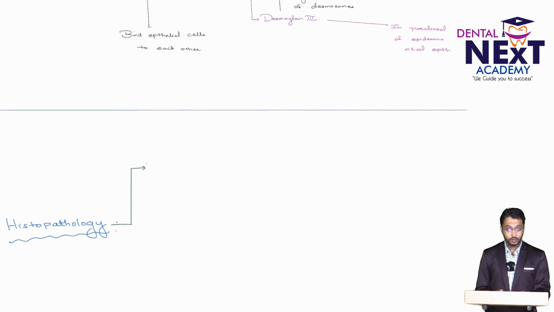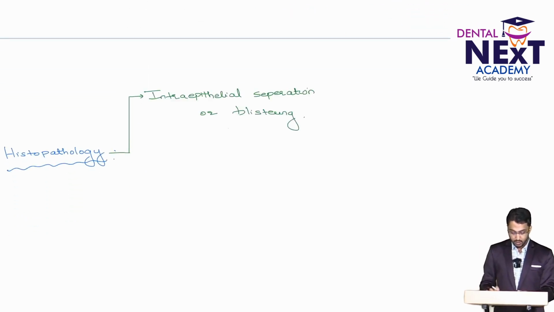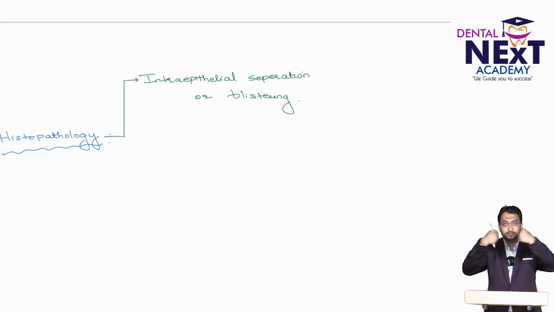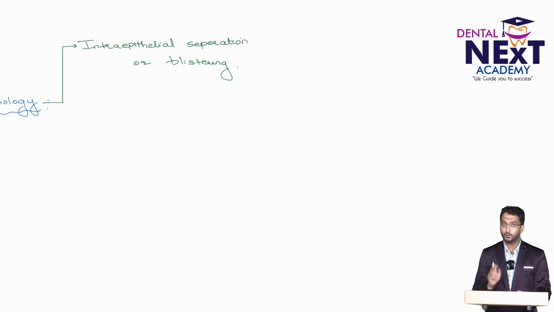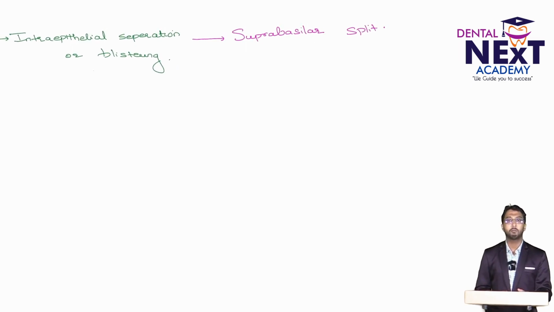Now we come to the histopathology. You take the tissue, you send it for direct immunofluorescence, plus you send it for histopathology. Now you see intraepithelial separation between the epithelial cells, or intraepithelial blistering, because desmosomes are affected. Oral mucosa is affected, very important. That is called a suprabasilar split.